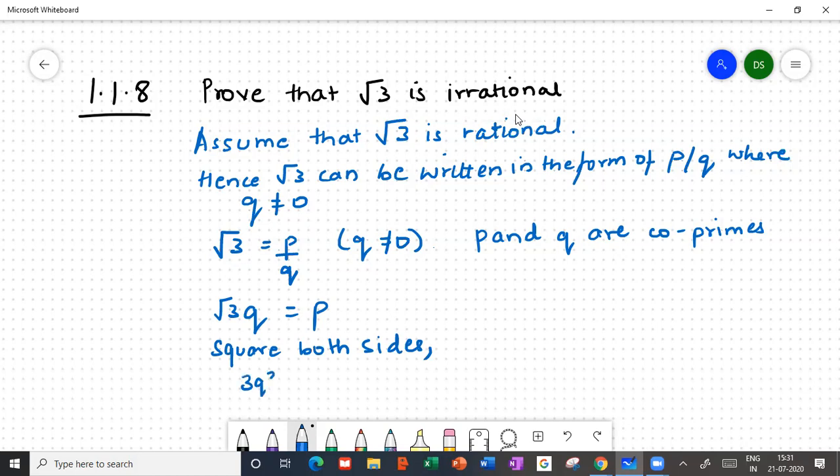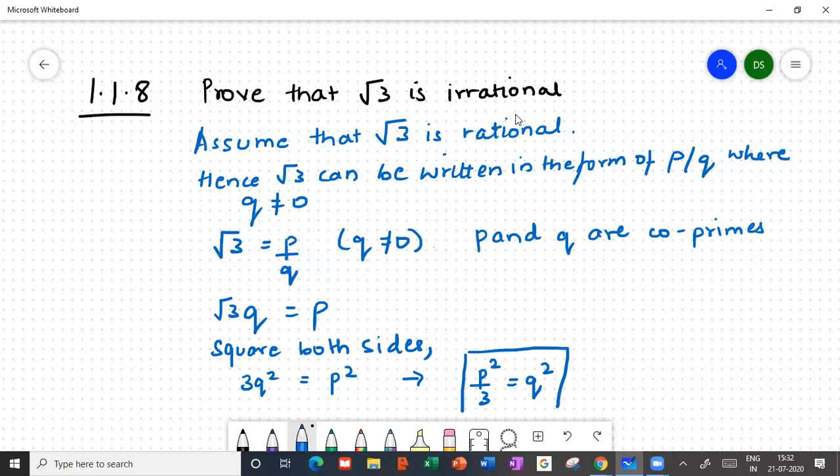You get 3q square is equal to P square, right? Or this can be written as P square by 3 is equal to Q square. So if I am writing something like this, what can you say from this statement which I have put in a box?